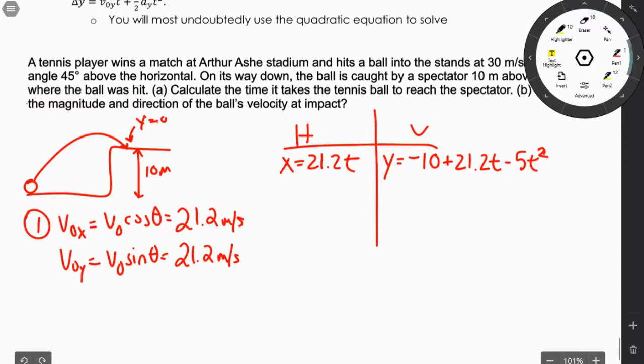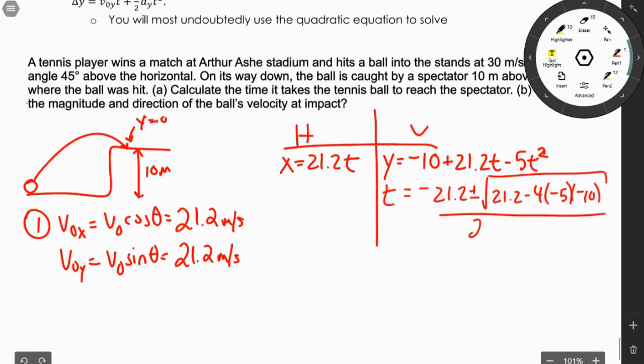So we're going to do t equals negative b plus or minus the square root of b squared minus 4ac, all over 2a. So we get negative 21.2 plus the square root of 21.2 squared minus 4 times negative 5 times negative 10, divided by negative 10.